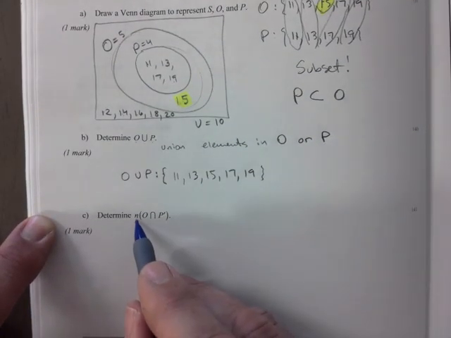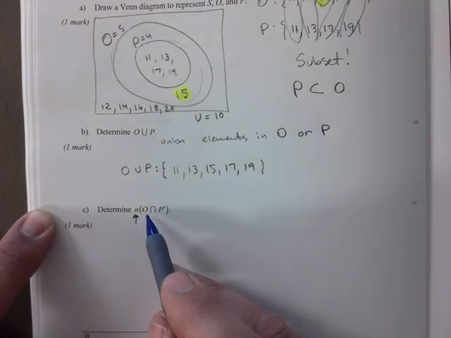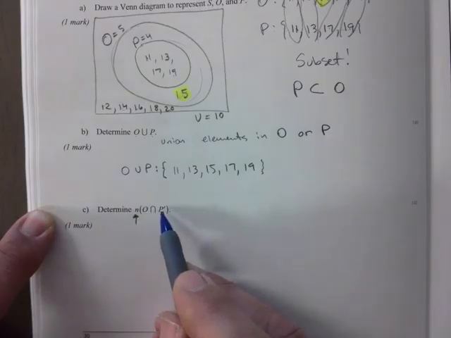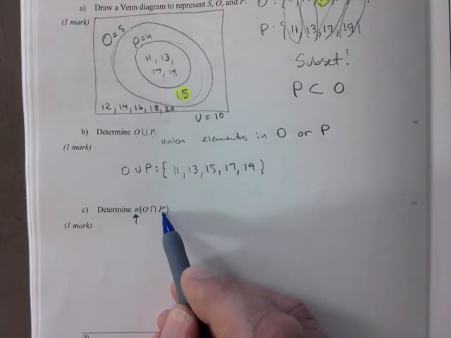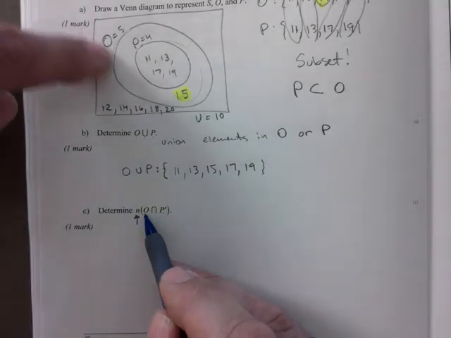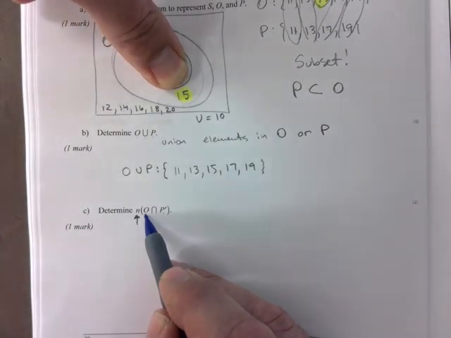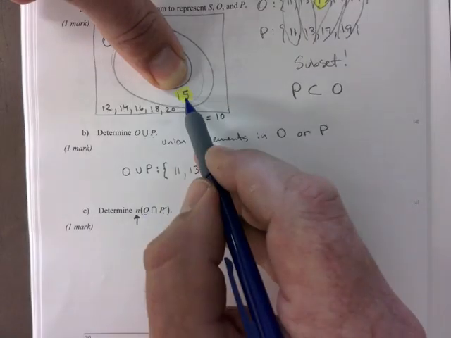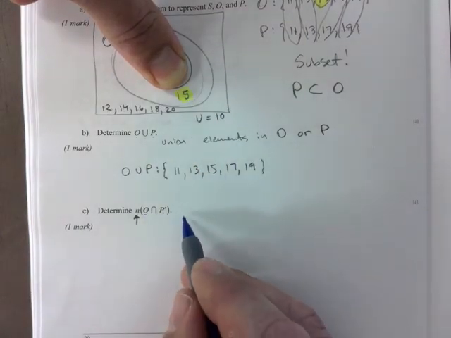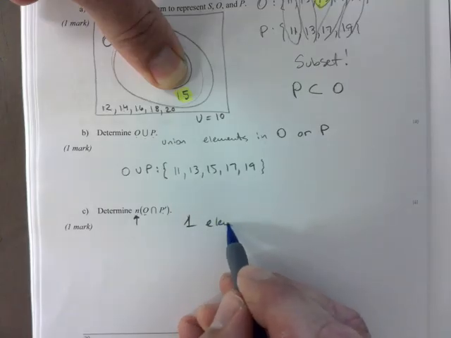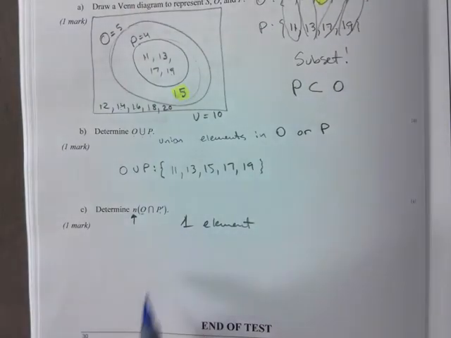Determine the number of elements that are at the intersection of O and not P. Where would that be? Intersection of O, this is O, and not P. That would be just the 15.